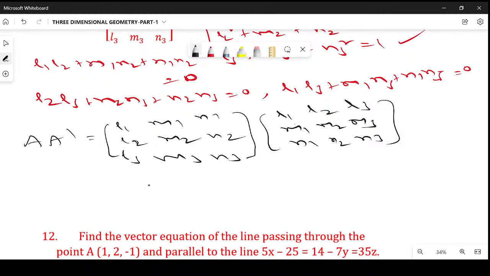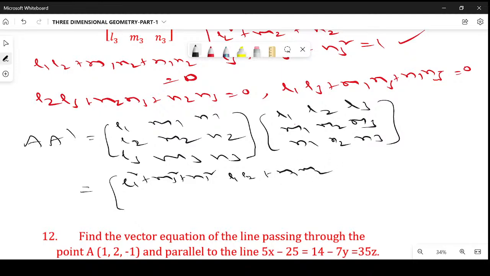If you multiply this, now you can see here, matrix multiplication. First we will get L1 square plus M1 square plus N1 square. This one you will get. Then L1 L2 plus M1 M2 plus N1 N2.